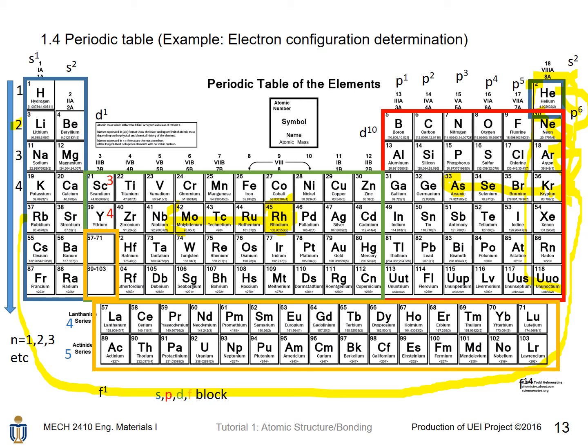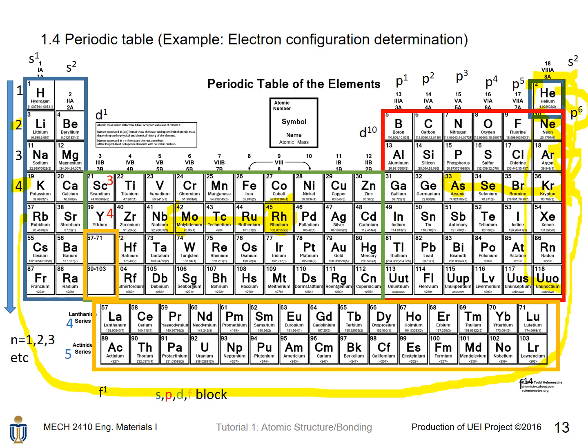And in this way, for argon, we have a similar method. That means for argon, it is 1s2, 2s2, 2p6, 3s2, and 3p6. For krypton, we use the same way, and this time n equals 4. And there are d orbitals, as indicated by the d block present here.